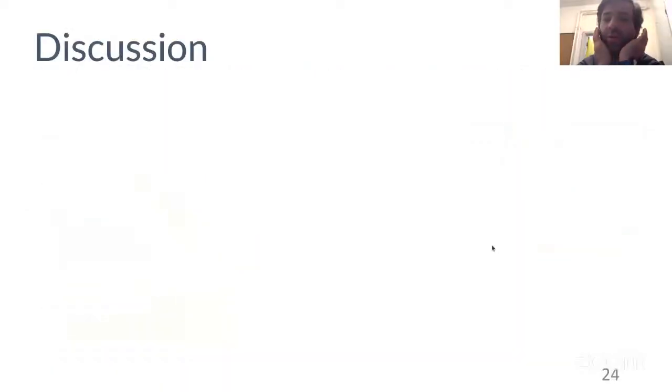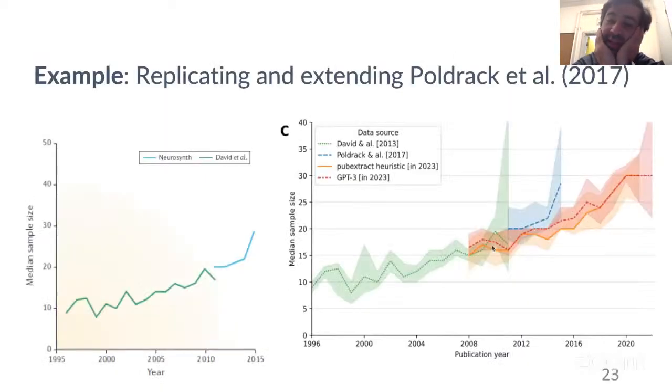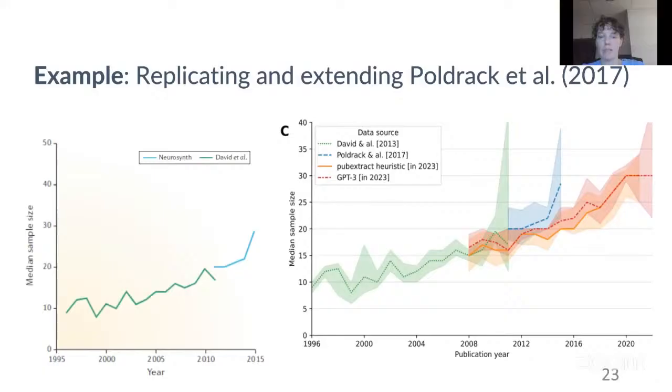Sorry, Kendra, is there any indication of what that sample size should be? Well, it depends on the type of problem, but there was this recent paper, I'm trying to remember the first author, where they showed that for brain-wide association studies, you need in the order of thousands of participants.